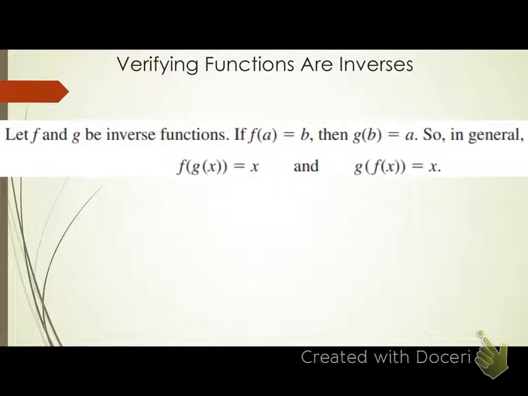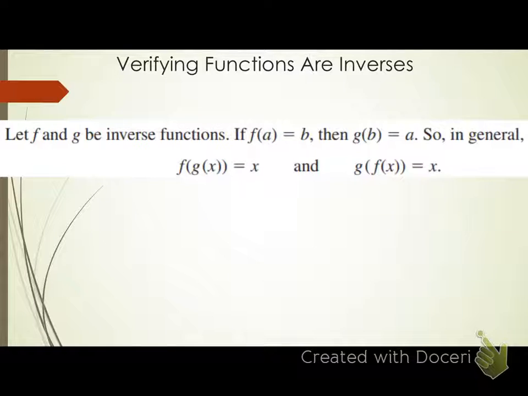Okay? So in general, f of g of x equals x, and g of f of x equals x. So we're tying in 5.6, our composition functions, into our inverse functions. If I take f of g of x, it should equal x.